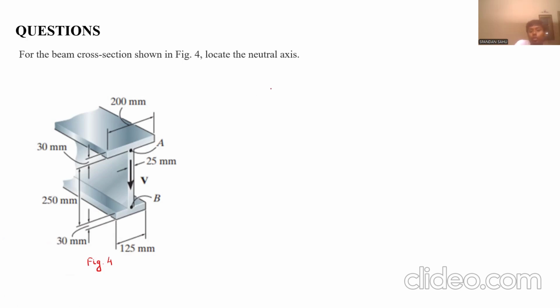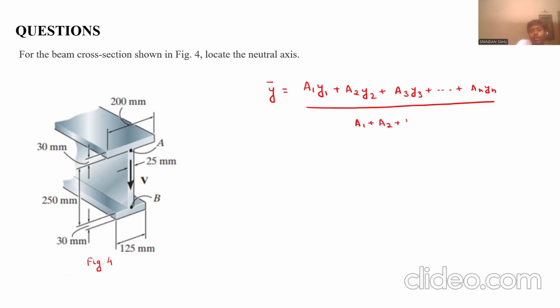We know y bar will be equal to A1 y1 plus A2 y2 plus A3 y3 and so on, up to An yn, by A1 plus A2 plus A3 and so on.